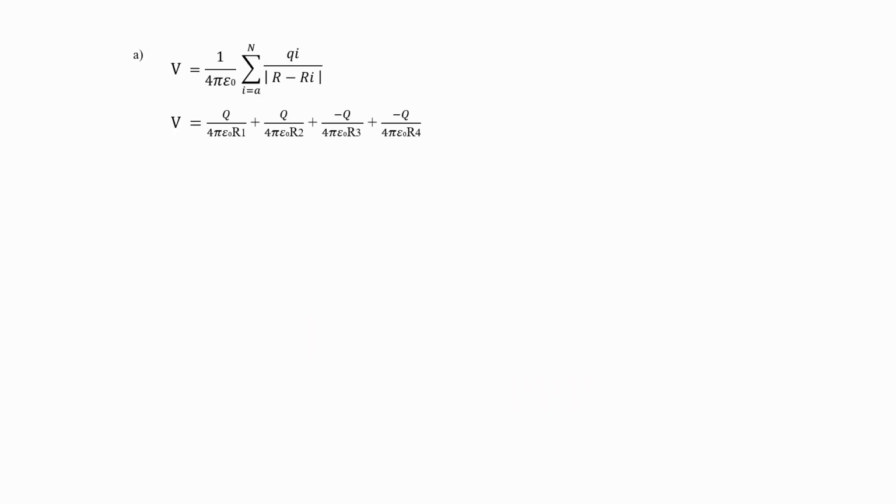As I said previously, we use the summation of electric potential formula with multiple charges to solve this problem. So V equal to Q over 4 pi epsilon naught R1 plus Q over 4 pi epsilon naught R2 plus negative Q over 4 pi epsilon naught R3 plus negative Q over 4 pi epsilon naught R4.